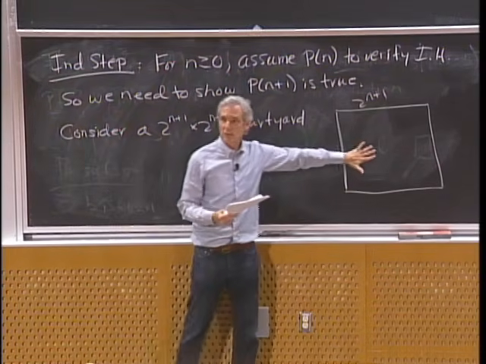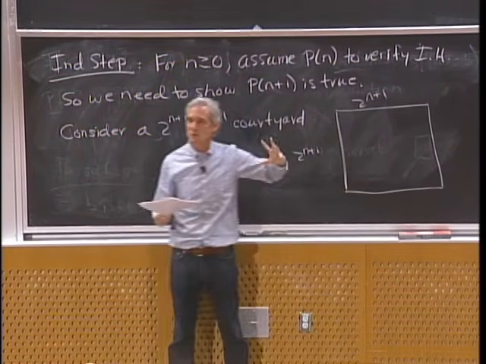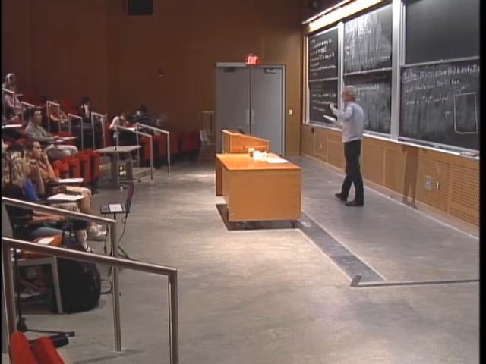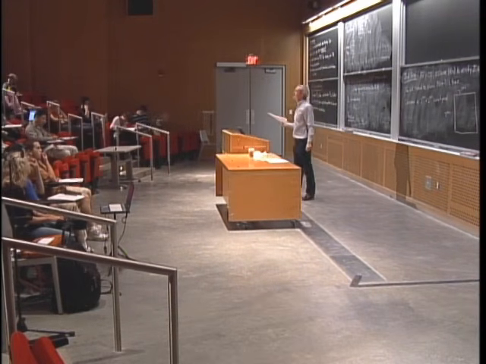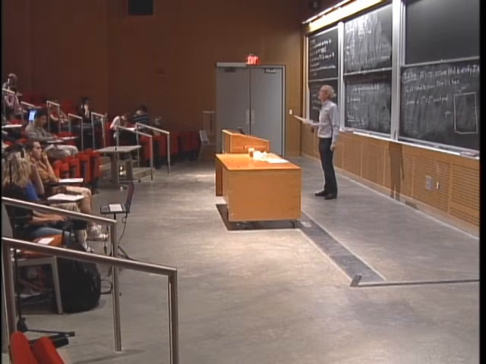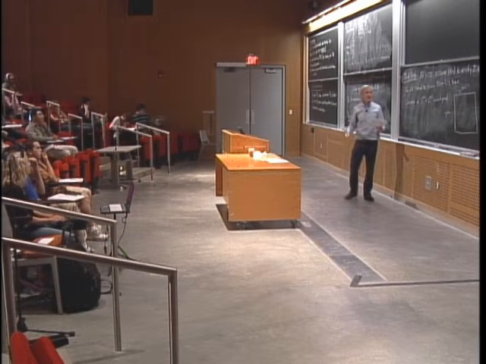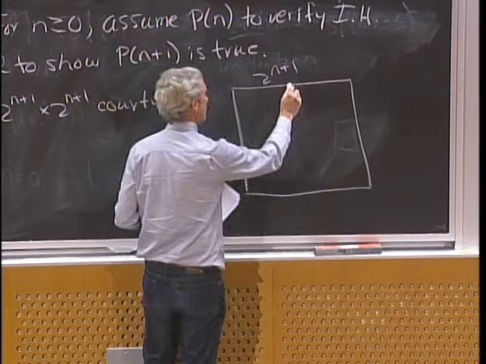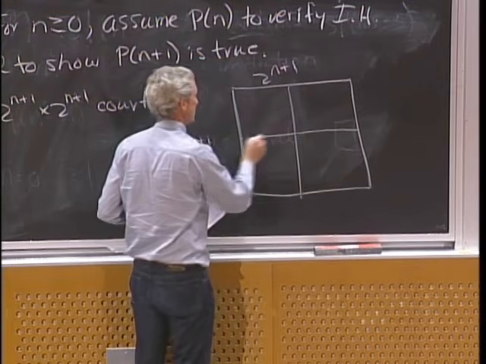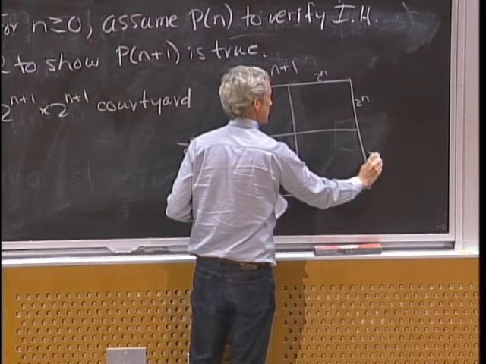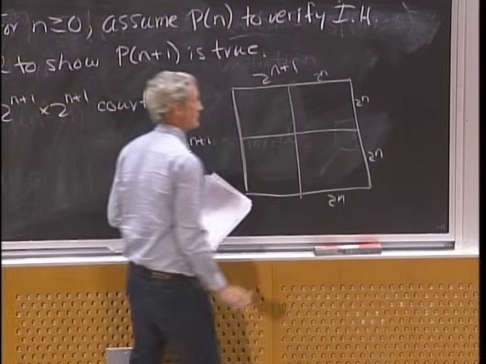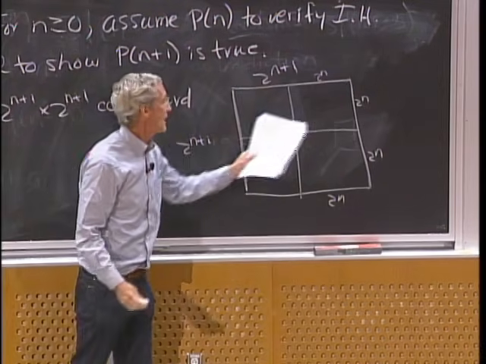So I've got a 2 to the n plus 1 by 2 to the n plus 1 courtyard. How do I use Pn? A 2 to the n by 2 to the n courtyard. Divide it into 4 blocks. Good idea. Let's divide our courtyard into 4 blocks. That's a great idea. Now each of these is 2 to the n by 2 to the n, and I can apply the inductive hypothesis there.